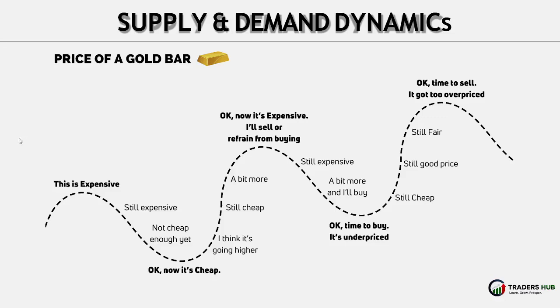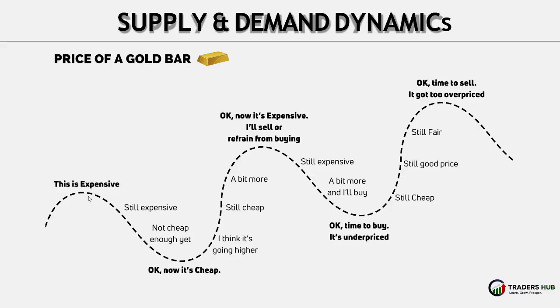For us to really understand the dynamics of supply and demand, you have to bear with me and take this chart as it is. We are going to start with this level, which we label as expensive, meaning that there is more supply than demand in this area.